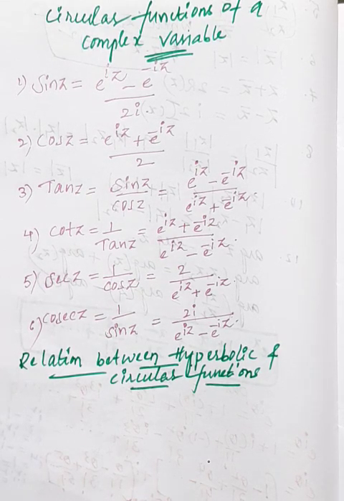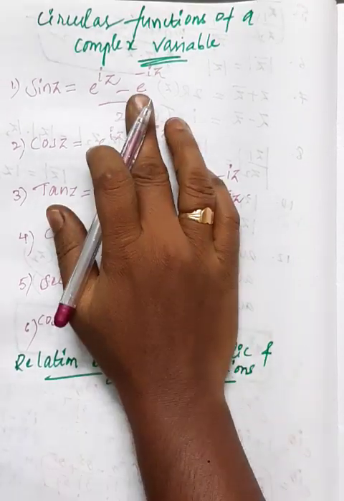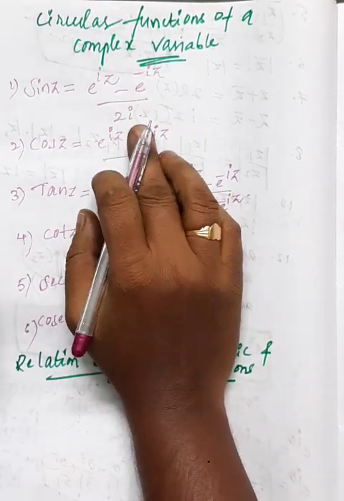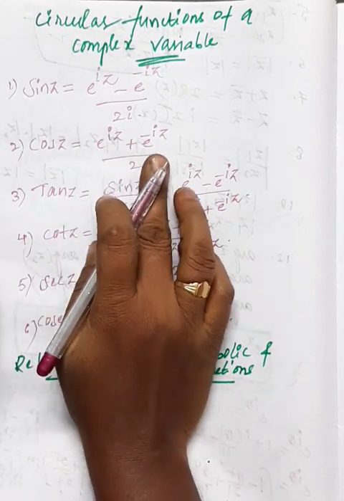Here sin theta is equal to e power i theta minus e power minus i theta by 2i, whereas cos theta is equal to e power i theta plus e power minus i theta by 2.